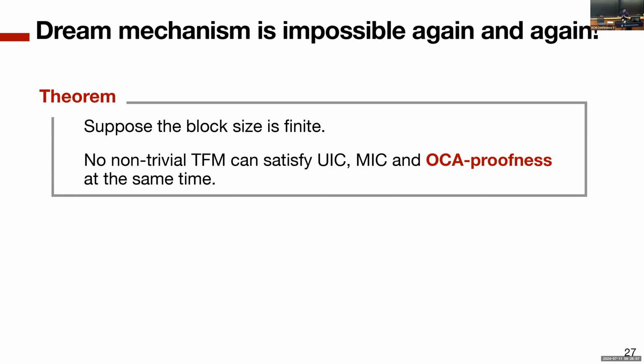And I'm sad to say that if the block size is finite, we get an impossibility again. This impossibility actually answers Tim's question from EC three years ago, whether we can design a mechanism that satisfies UIC, MIC, and OCA proofness. So it sounds really pessimistic.